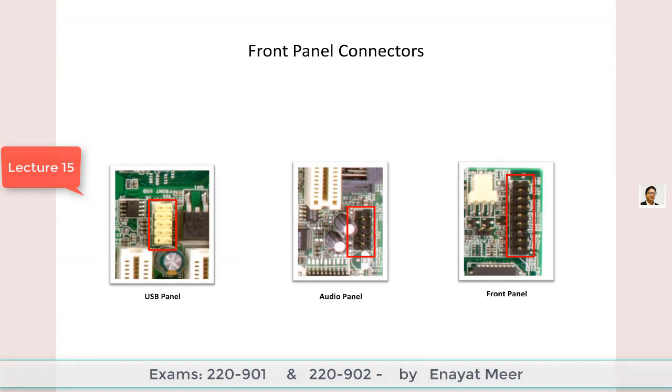These are front panel connectors. So on the motherboard you see these kinds of connectors. If you want to see the USB panel controller on the motherboard and you want to link your USB connectors from the front of the computer, you can use this controller on the motherboard.